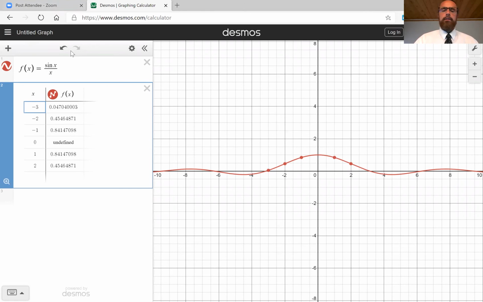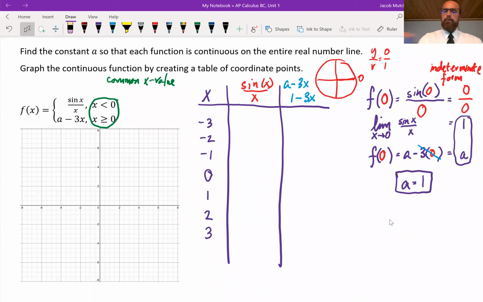So back to the note screen, and we're going to graph this now. So I've got -3 as the output is 0.05. -2 had the value of 0.45. -1 was 0.84. Again, 0 itself was undefined, but we saw it had the limit value of 1.